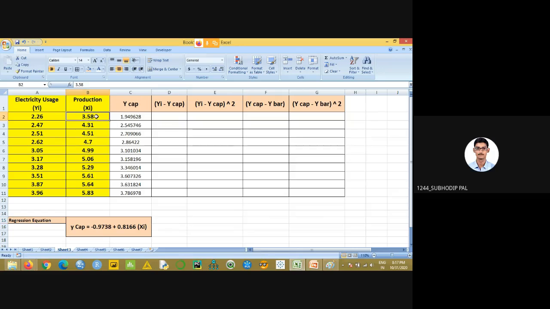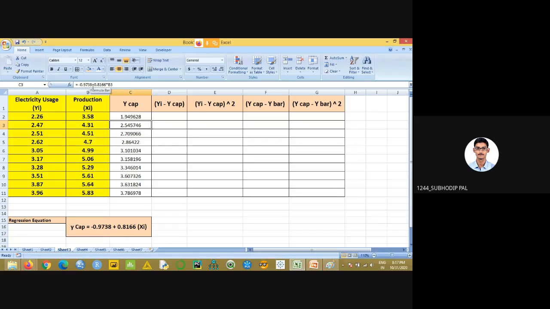So for the value of my xi 3.58, look at the formula bar. I have written minus 0.9738 plus 0.8166 into B2. B2 means this value 3.58. For the next one, B3 means 4.31.